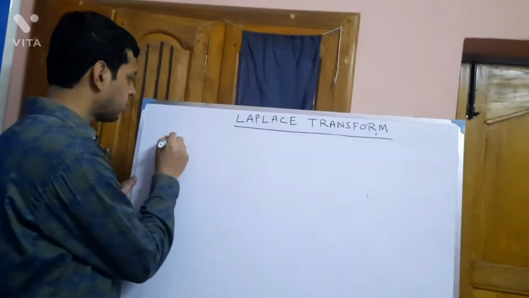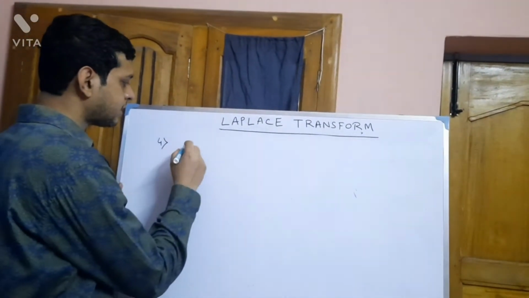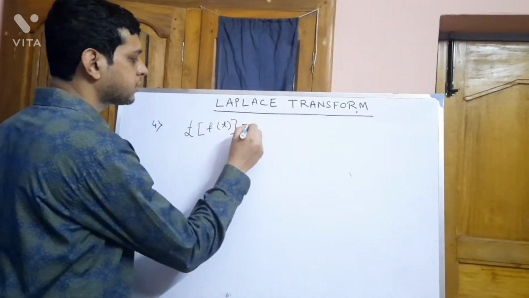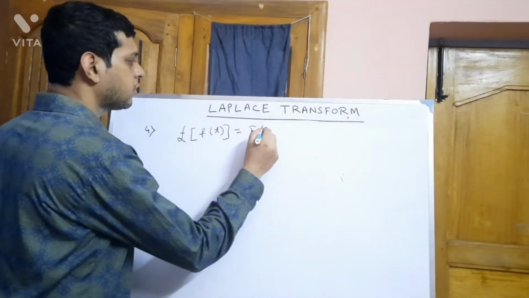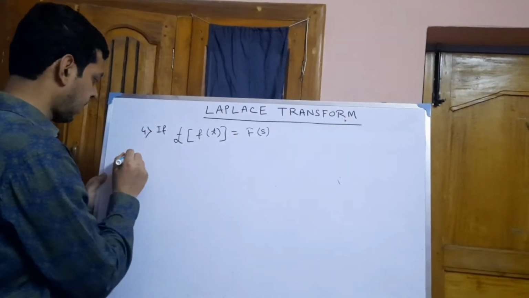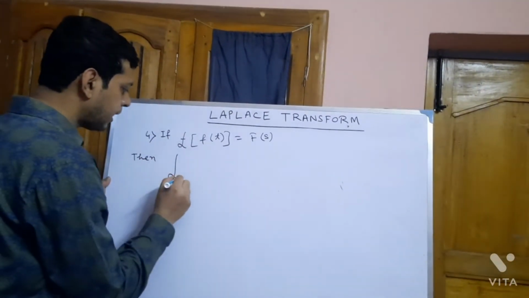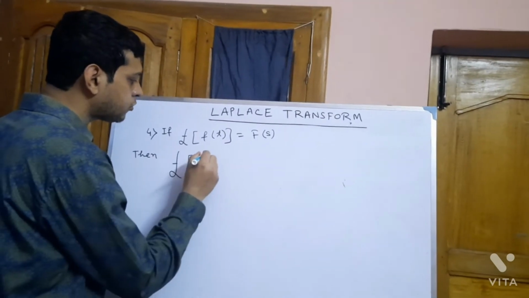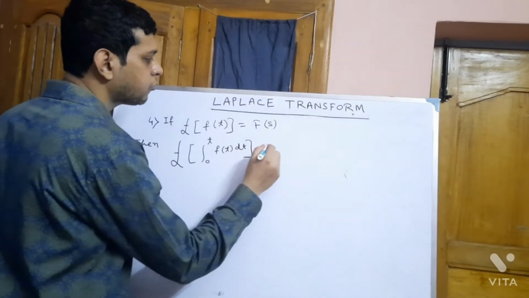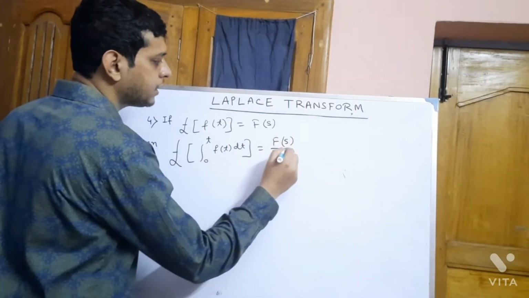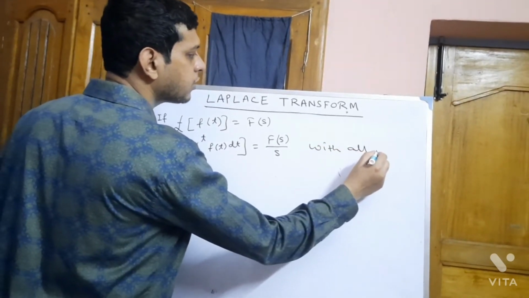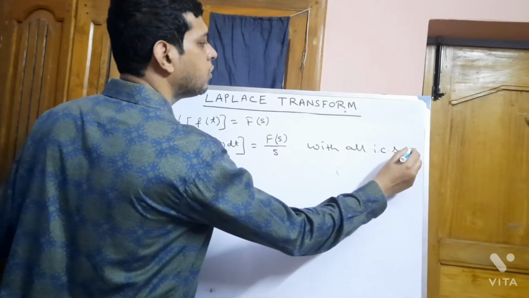Now, the basic property 4 tells us that if f(t) and F(s) are Laplace transform pairs, that is, if the Laplace transform of f(t) is equal to F(s), then the Laplace transform of the integration from 0 to t of f(t) dt is equal to F(s) by s, with all initial conditions equal to 0.